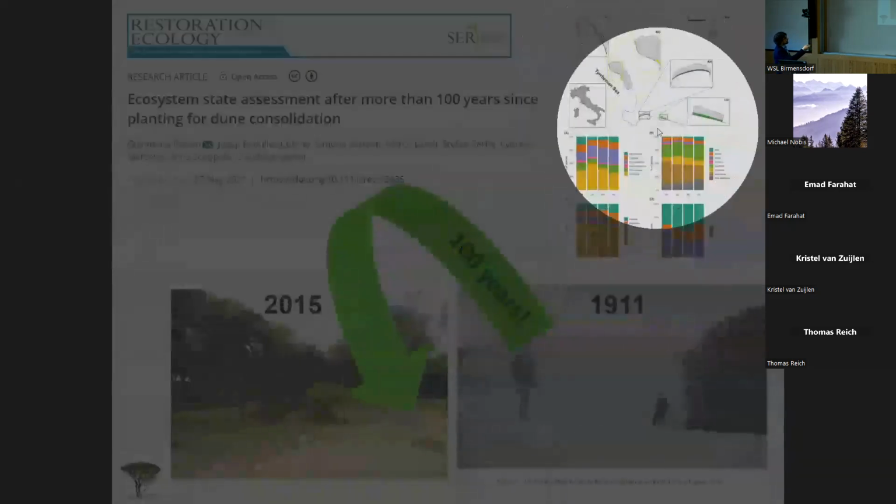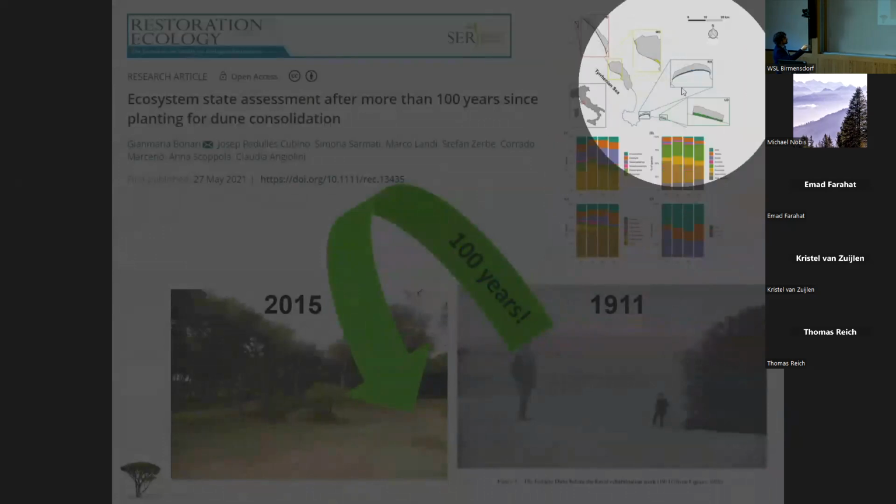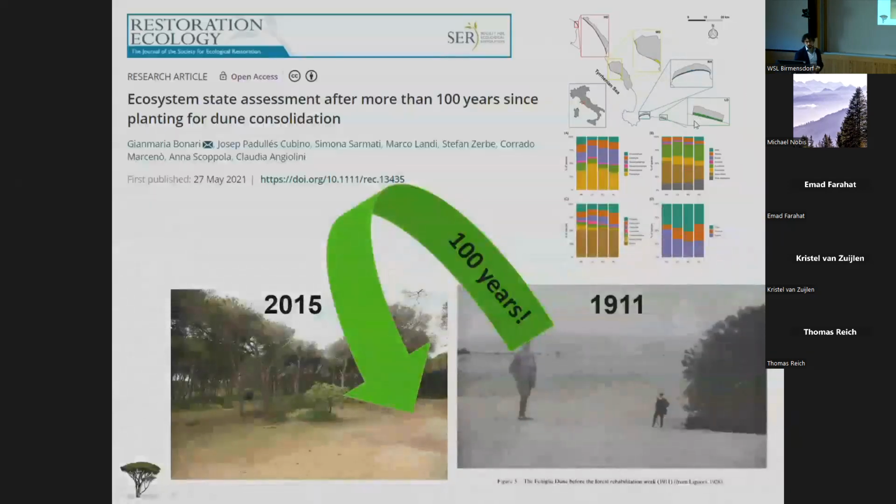So this is our reference site with 3 other comparison sites with 3 different levels of disturbance to understand the state of this site nowadays, 100 years after the reforestation.